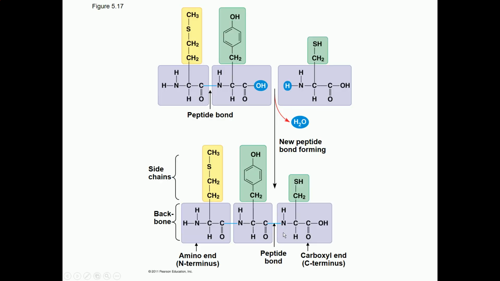This is the way different amino acids link with each other. Suppose these two amino acids have formed a bond. Now here we have another amino acid, and the same thing is going to happen. Two amino acids together lose one molecule of water, and that results in a bond.